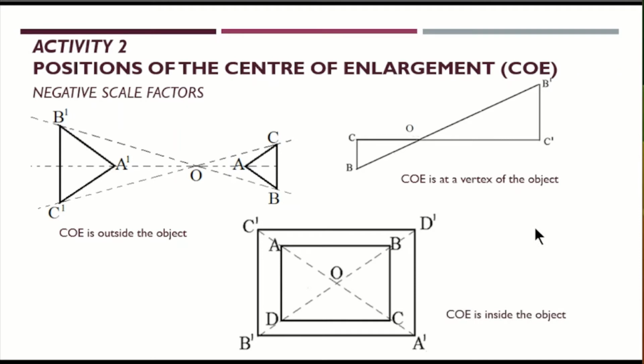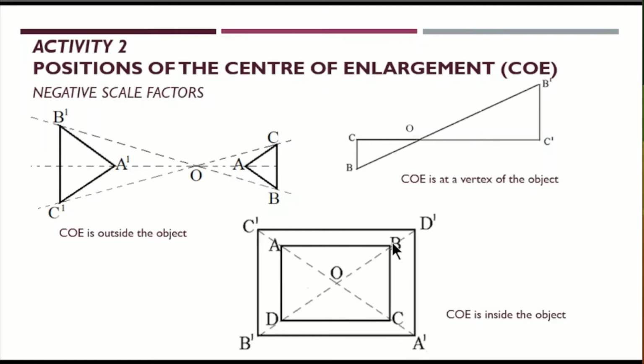The center of enlargement can also be inside the object. As compared to that of the positive scale factor, you would notice that the positions of the corresponding vertices are interchanged. For example, A, which is in the object, is at the top left corner here, but its image, A prime, is at the bottom right corner here.